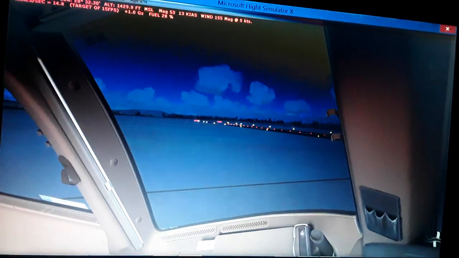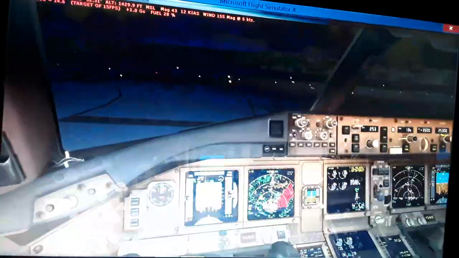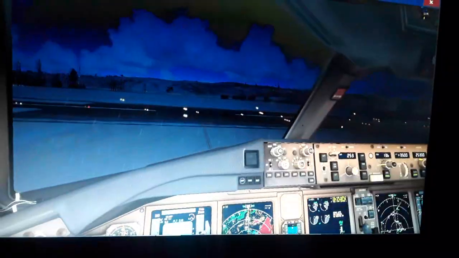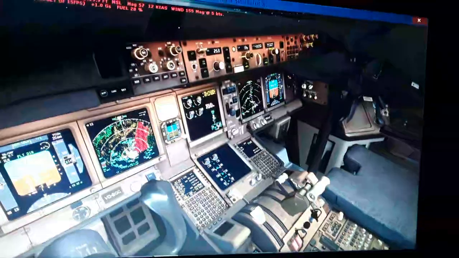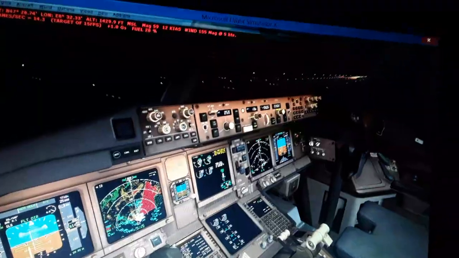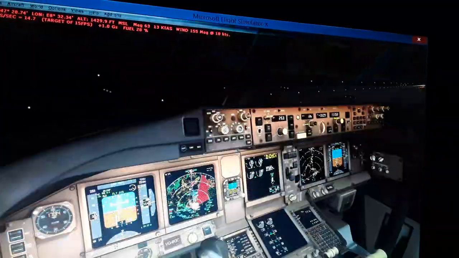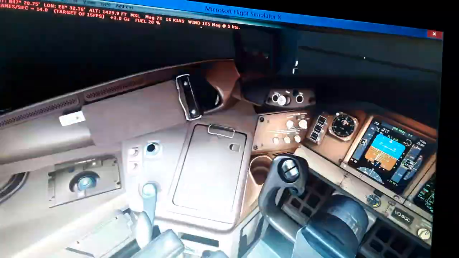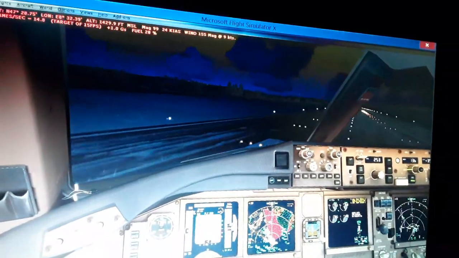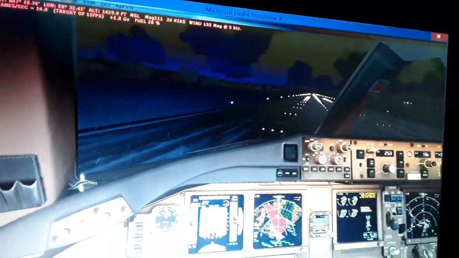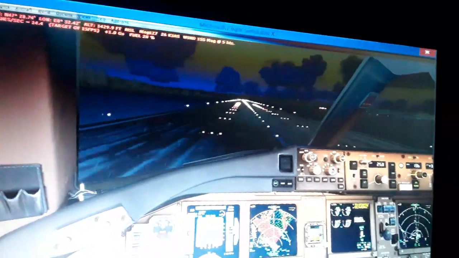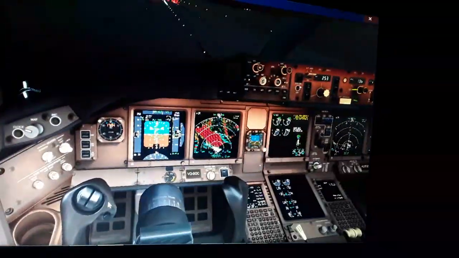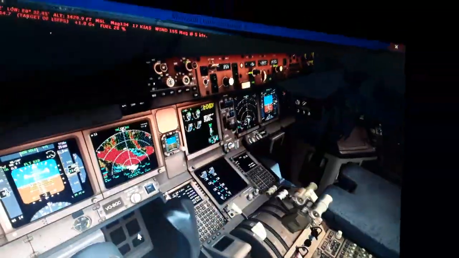So we have the runways open, we can proceed for takeoff. So align here with the runway center line, parking brakes on.